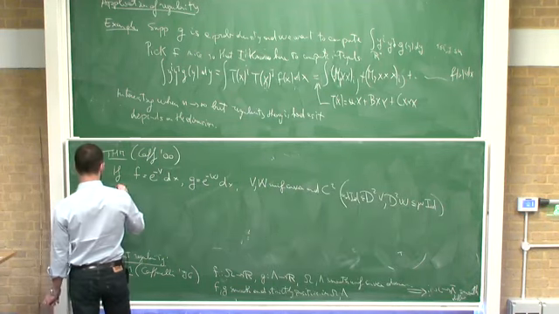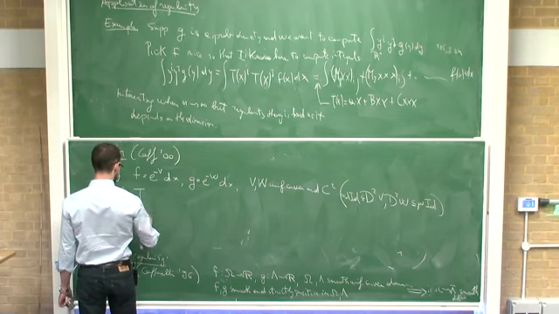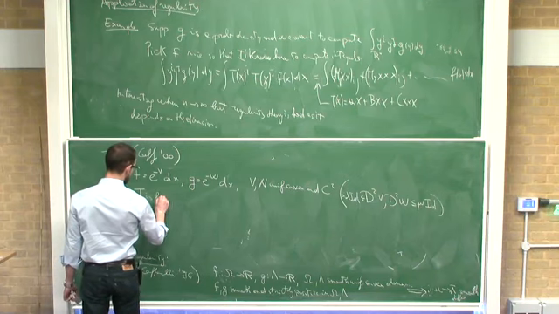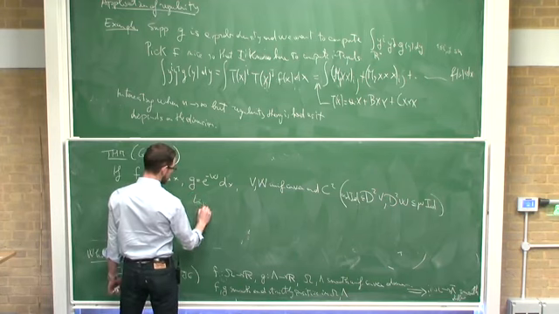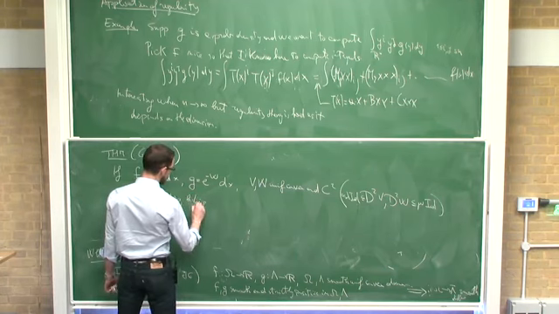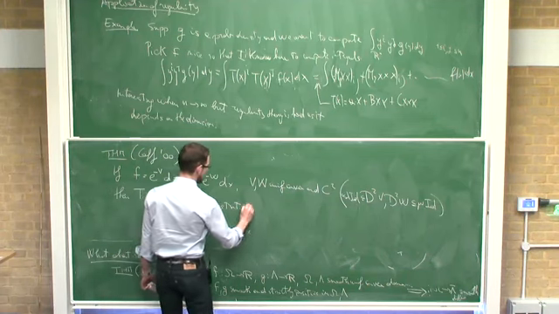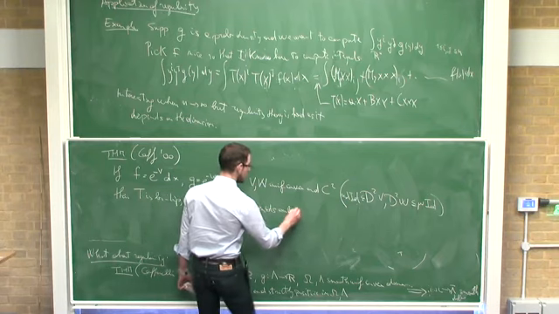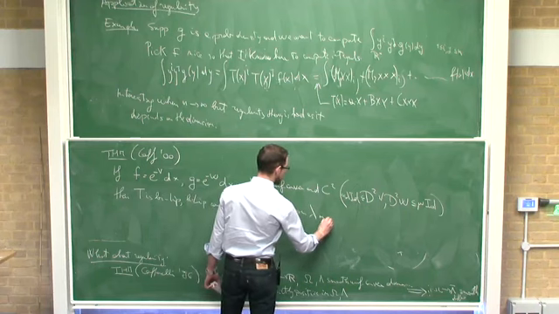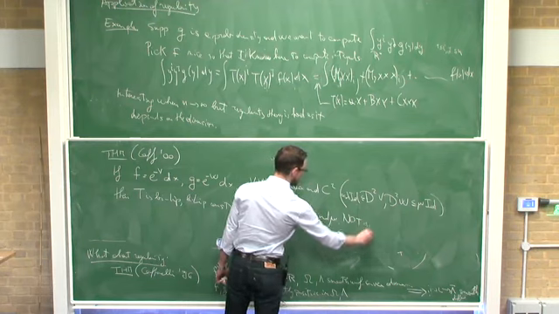then T is bi-Lipschitz, and the bi-Lipschitz constant depends only on lambda and mu, not on the dimension n.